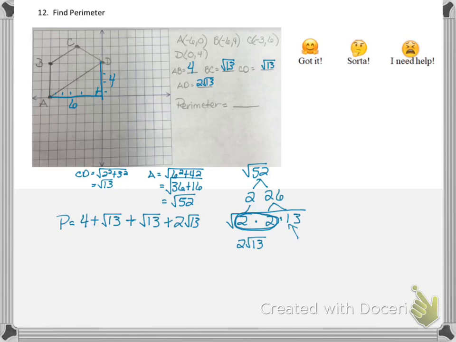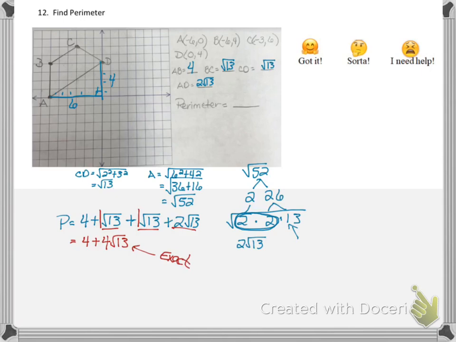If we put a 1 here and a 1 here, then the perimeter is 4 plus, and how many square root 13s? We've got 1 here, another one here, which makes 2, and then there's 2 right here, so it becomes 4 square root 13. So this is the exact value.